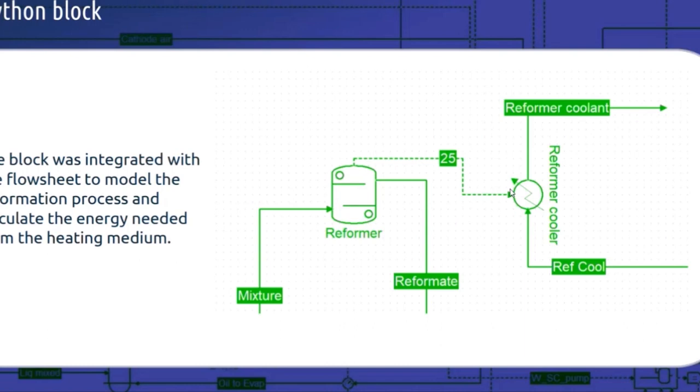So this Python unit operation both made the flowsheet look simpler, and also helped with more accurate results for the energy needed in the heating oil, and the flow out of the reformer also appeared to be more accurate with respect to the tests we are running on a smaller system.